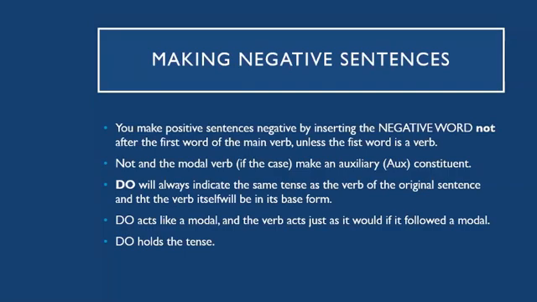All right? And then we have do, the auxiliary do that we all know, that indicates the tense of the sentence. We say do not, did not, for example, to indicate the tense of the original sentence.